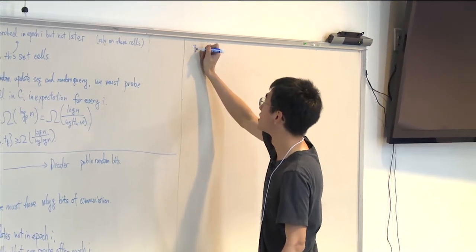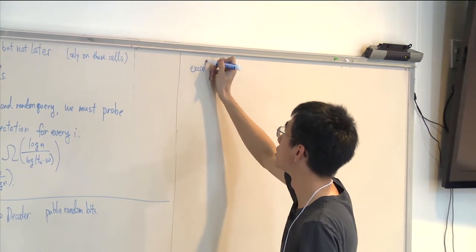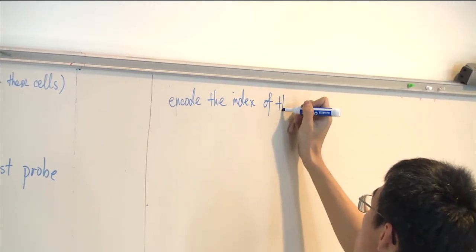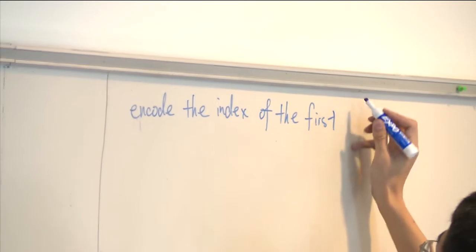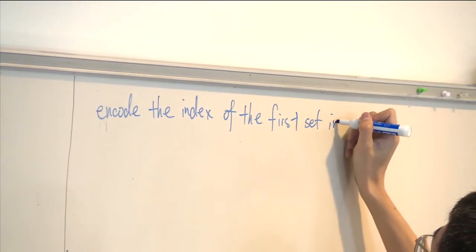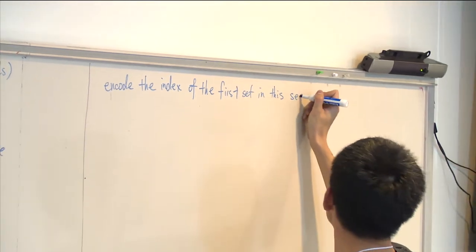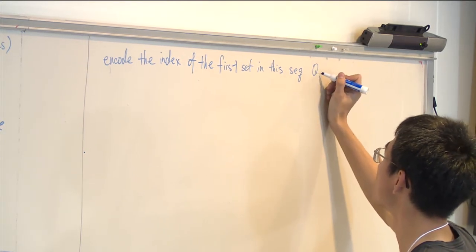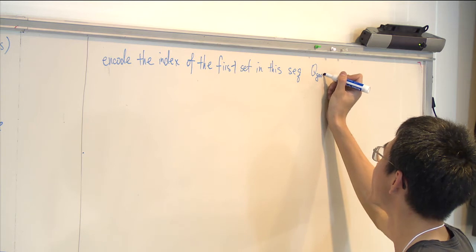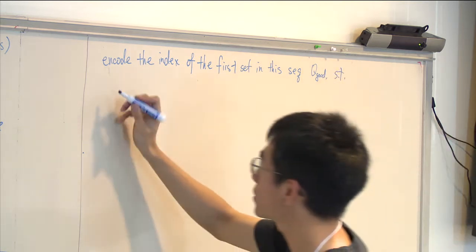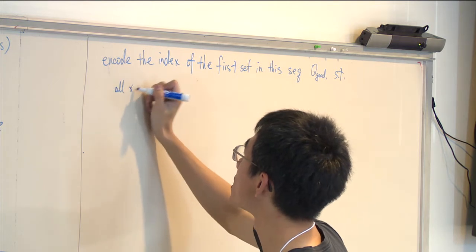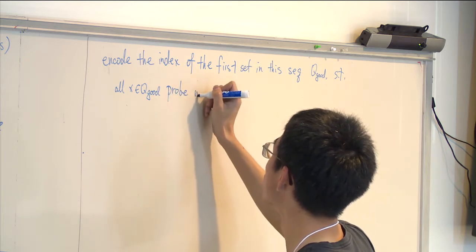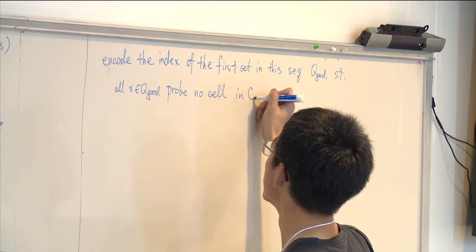Then the encoder will encode the index of the first set in the sequence, let's denote this set by Q sub G, Q good, such that all queries in this set probe no cell in CI.